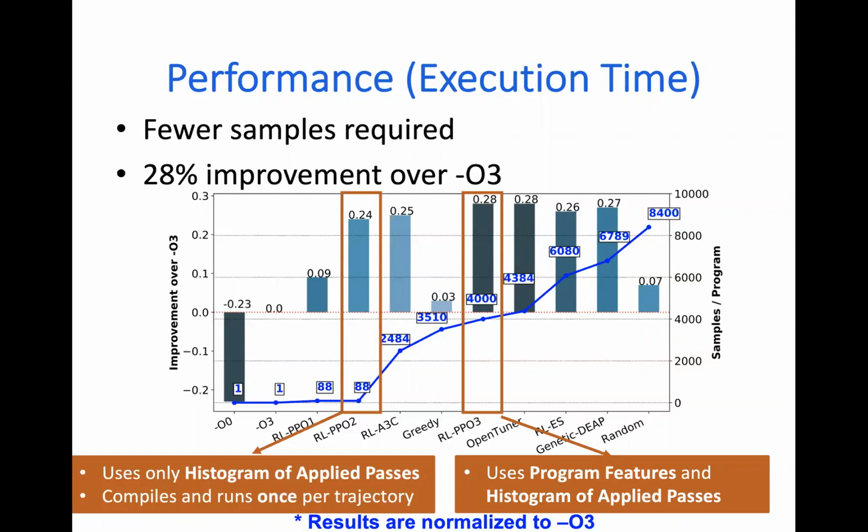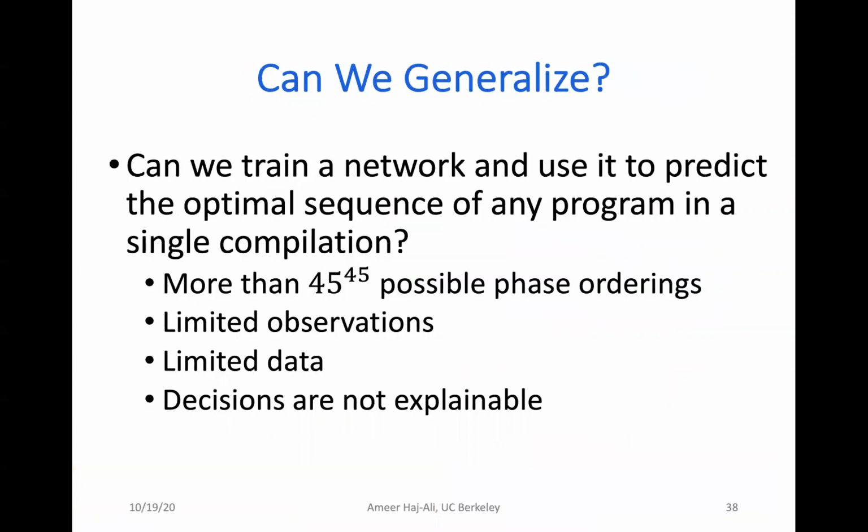So we wanted to explore how well our approach can generalize. And the question that we asked ourselves is, is it possible to train a network and use it to predict the optimal sequence of any program in a single compilation? At the beginning, it was very, very hard because we had so many possible phase orderings. We had limited observations.